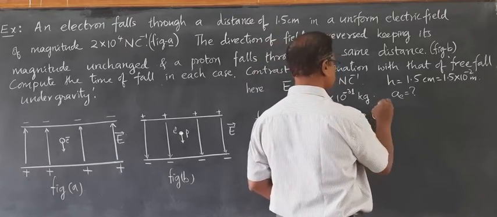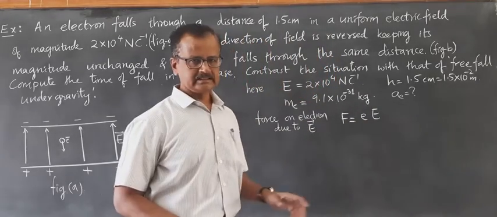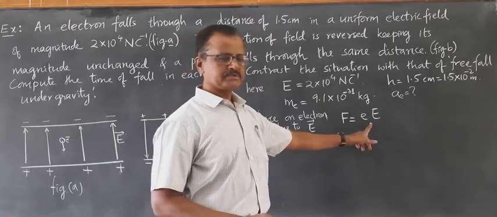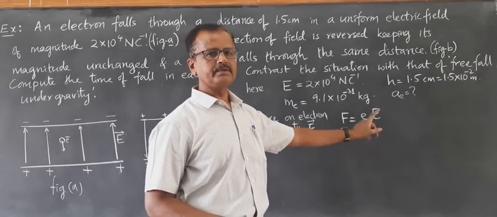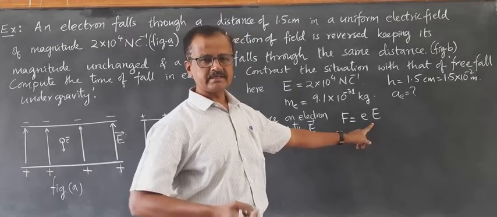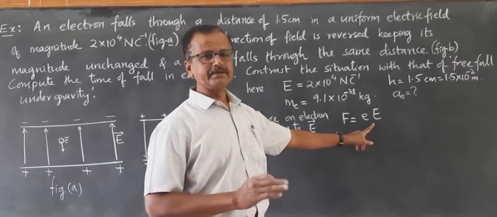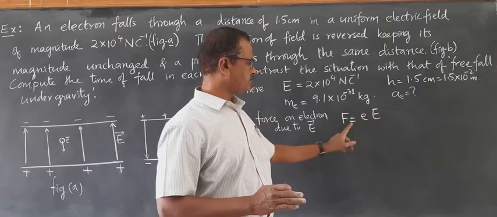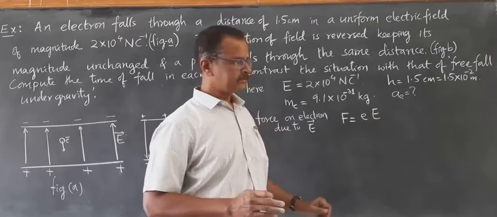Usually we take e to represent the charge of electron. We know it is negative charge. Let us take the magnitude. So force is equal to eE.